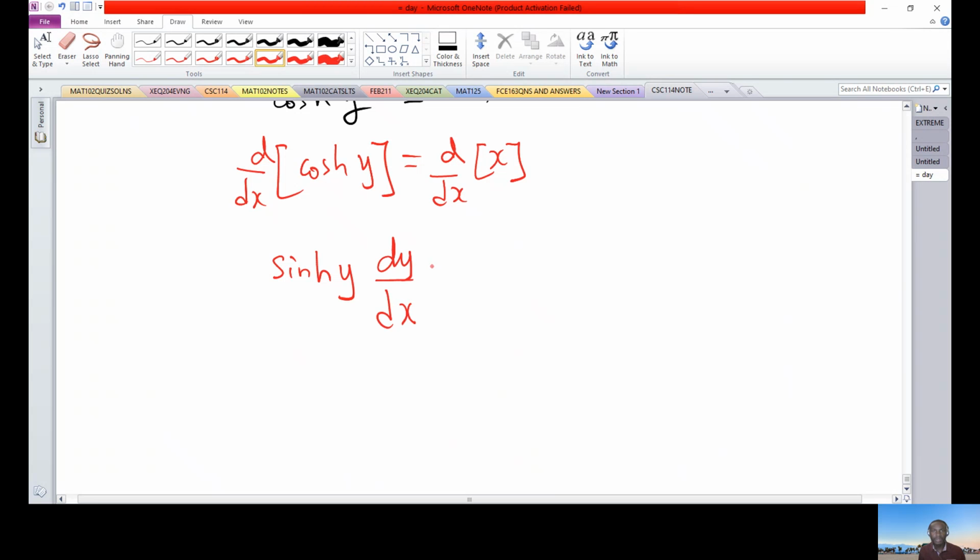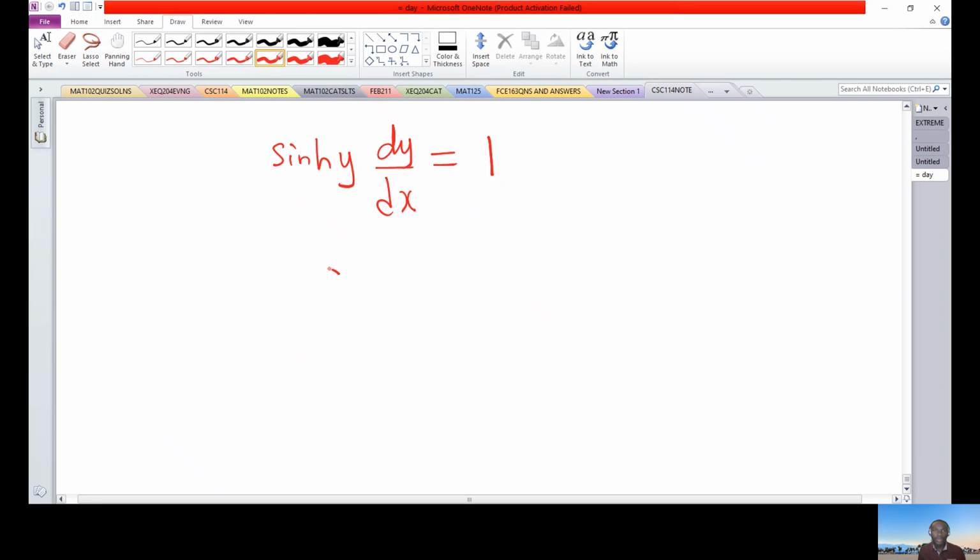Remember implicit differentiation, and then this is 1. So therefore dy/dx will be given by 1 over hyperbolic sine of y. But you don't stop here. Remember that the derivative must be in terms of x, not y.